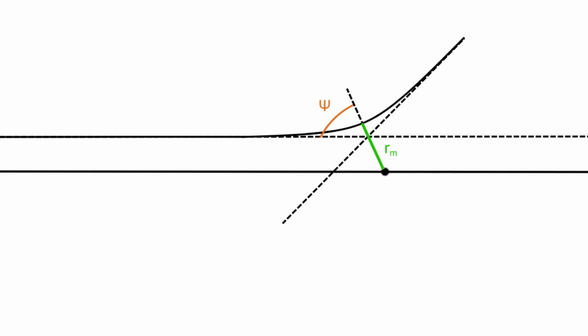That means the angle between Rmin and the incident trajectory is equal to the angle between Rmin and the outgoing trajectory. And those two angles plus the deflection angle equal 180 degrees, or pi radians. So the deflected angle equals pi minus 2 times this psi angle.